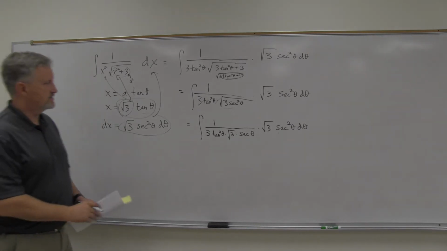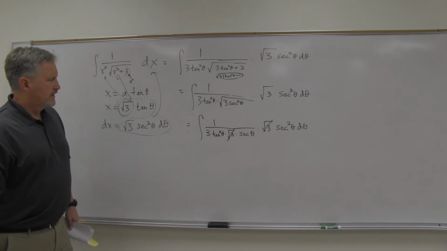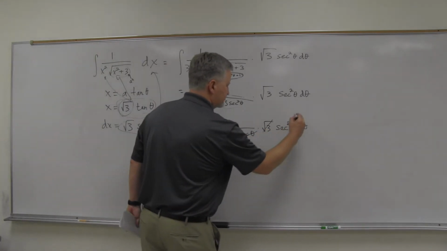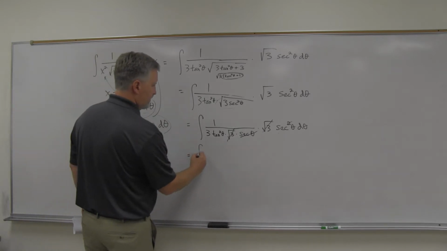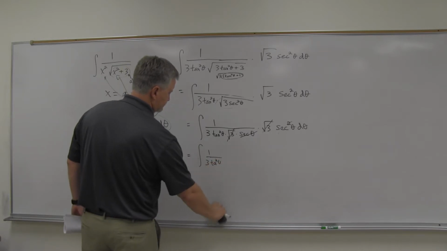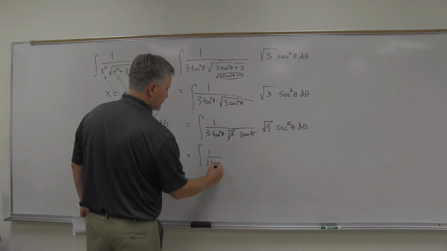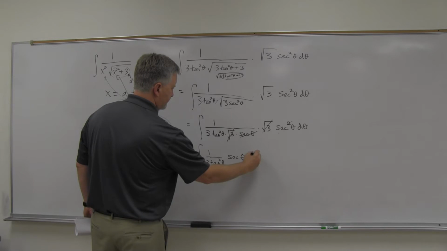Oh, we did get some canceling. Square root of 3, square root of 3. Secant of theta cancels with one of them. And we wind up, let's go ahead and write it, 1 over 3 tangent squared theta times secant theta d theta.